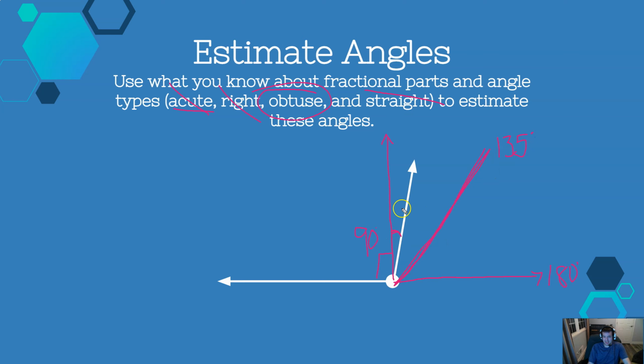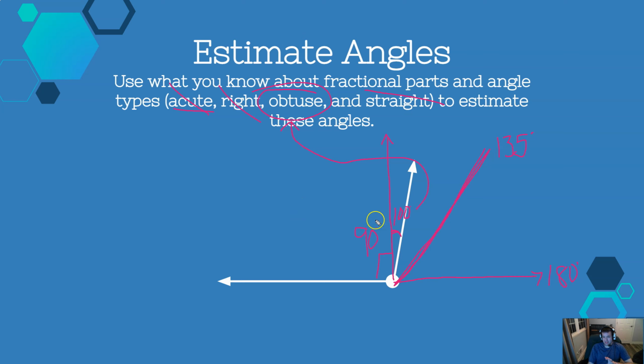So it's not even anywhere close to the 135 degree mark, it's just a little bit closer to 90. So it might make sense to say that this is 95 or maybe even 100. Let's just say it's 100, just to make it nice and simple. This would make sense because that is an obtuse angle measurement.